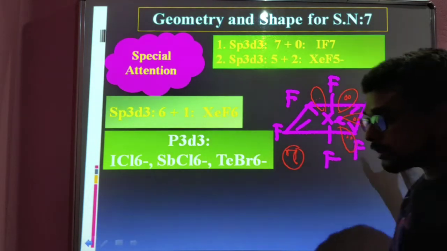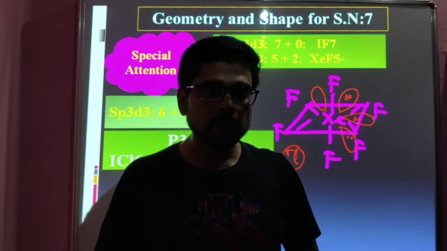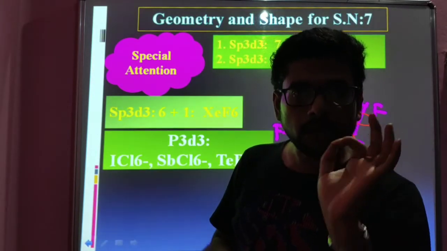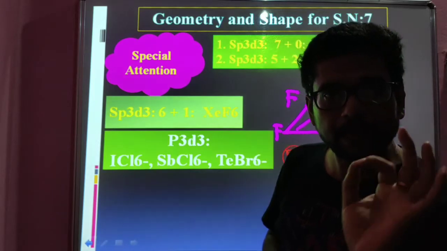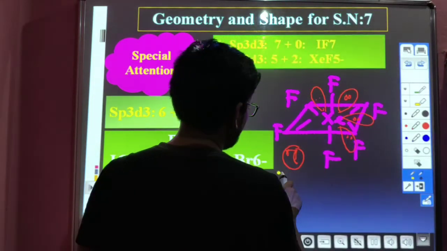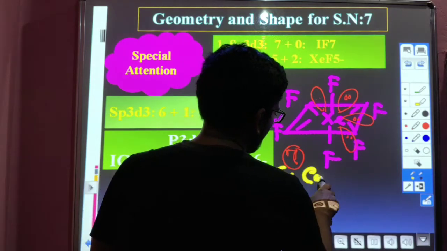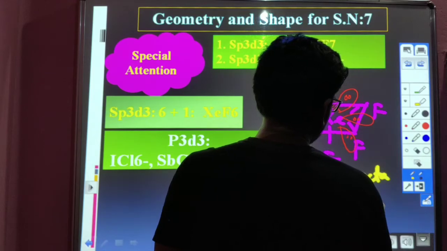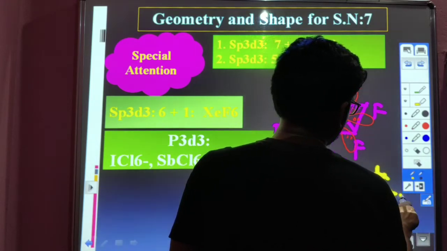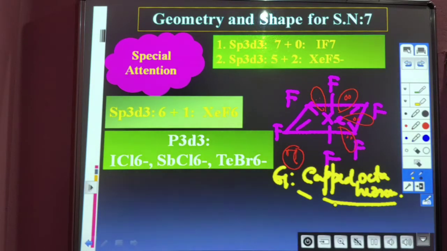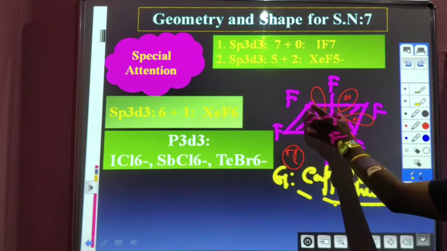The lone pair is here like a cap, and that's why this geometry is known as capped octahedral. Okay, I'll write: geometry is capped octahedral. Very, very important. The geometry here is capped octahedron.